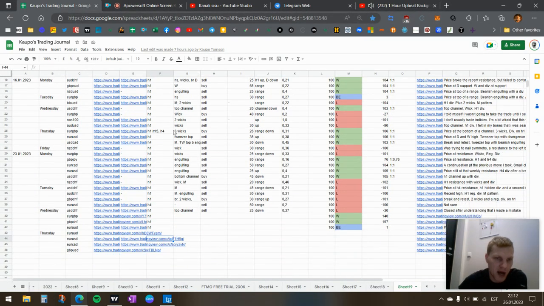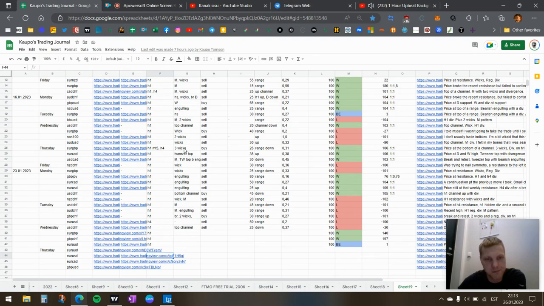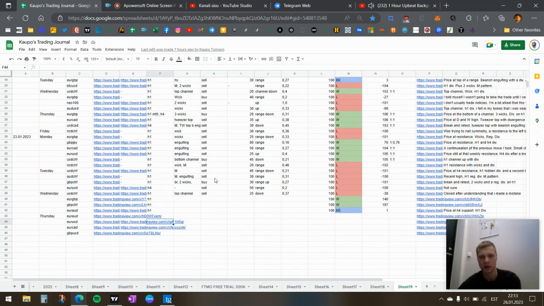And of the pattern, I don't really watch that information or use that information, or the buy or sell position or whatever. I only care about the pair, the entry image, the divergence, and how much I risked. Did I lose or win or break even? How much I lost?